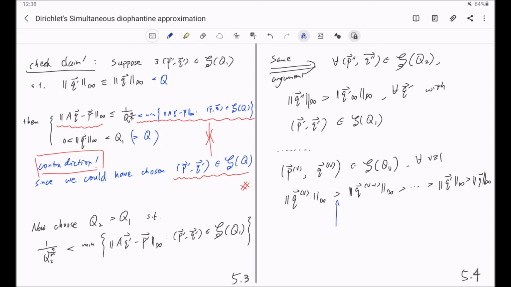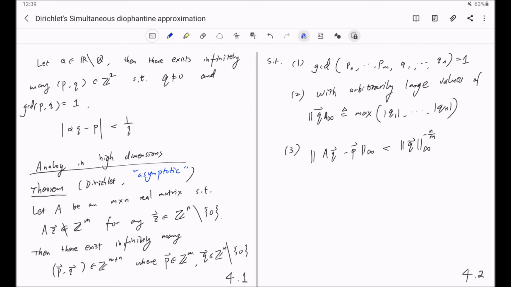And this strict inequality means an increment of at least 1, because those norms are integer valued, since those vectors are integer valued. So this will go to infinity as v goes to infinity. And this fulfills the second requirement of our theorem.